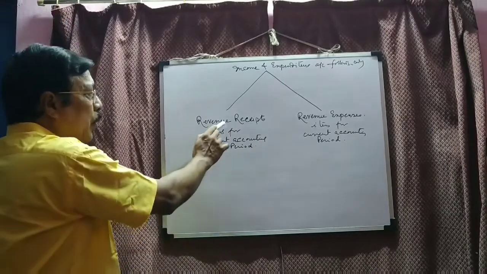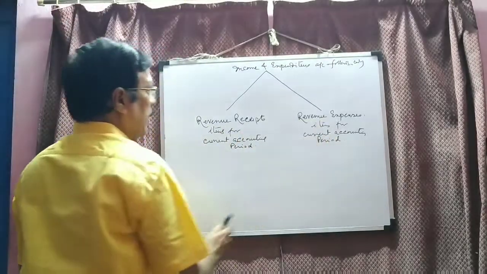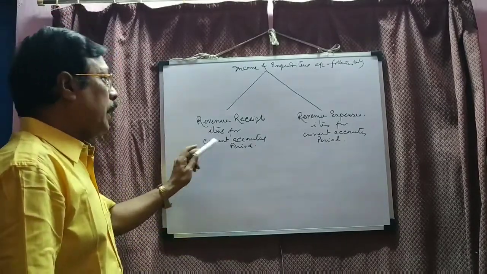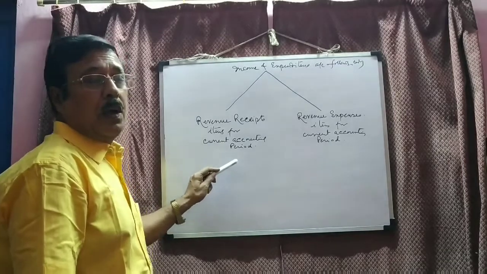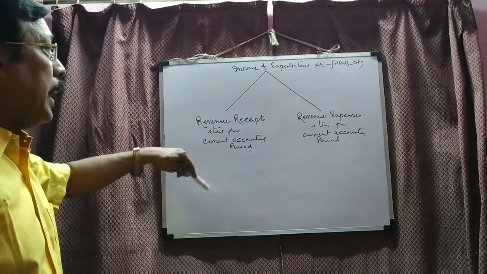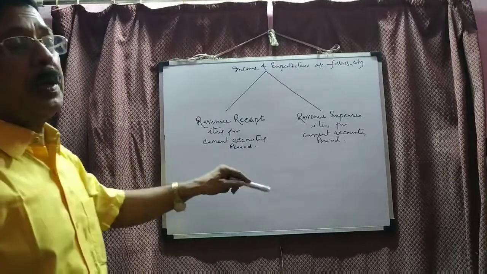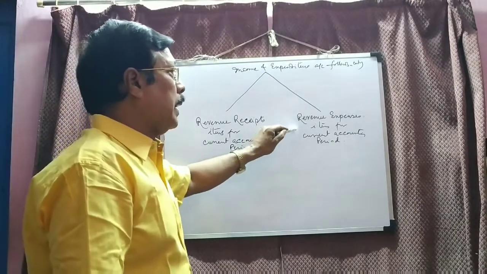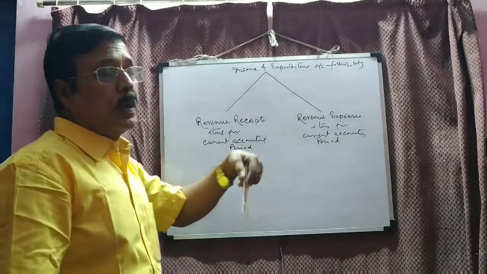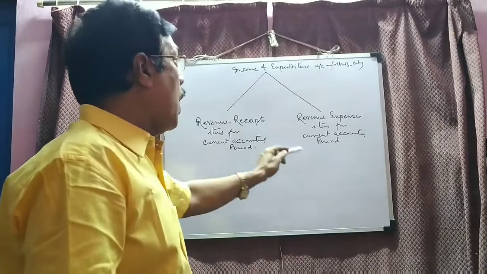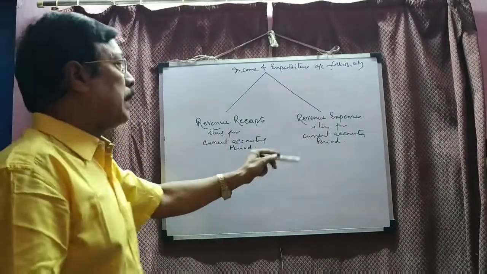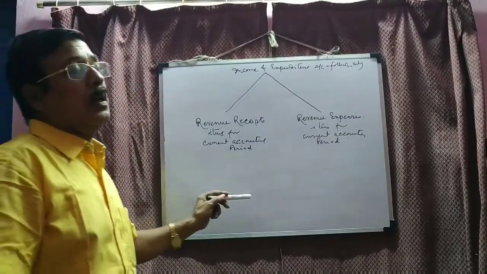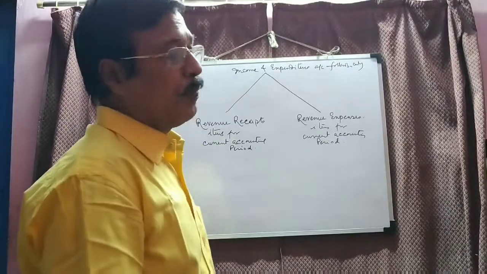So only revenue receipt and revenue expenses you must consider for current accounting period. The revenue receipt related to previous year or coming year will not be considered. Revenue expenses related to previous year or coming year will not be considered. Only the receipts and expenses of revenue nature related to current accounting year must be considered.